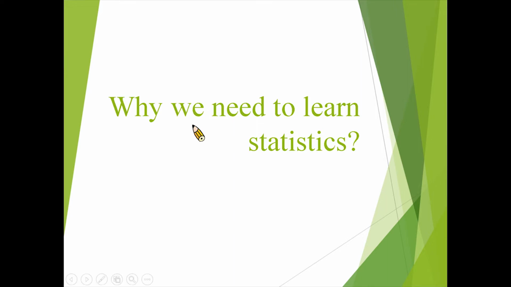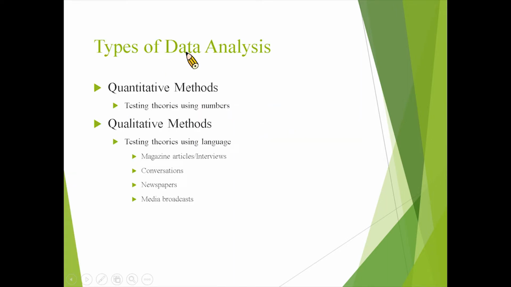And the data is of two types. One is quantitative, which uses numbers. So you collect the data from a questionnaire. Another one is the qualitative method. The qualitative is maybe not included in our course, because our course is quantitative data analysis.